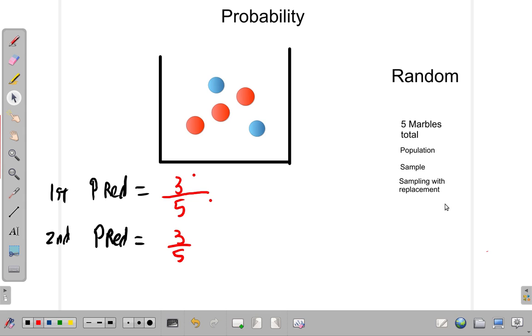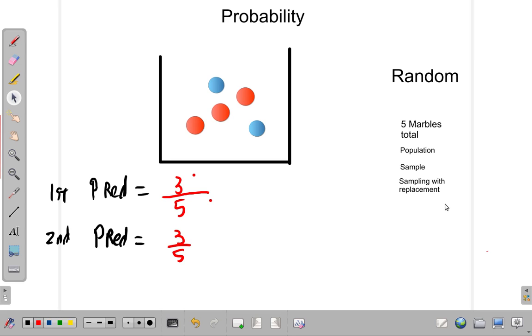So you replaced it, and notice that no matter how many times you pick, it is the same probability, because what happens is that you're picking with the same number of marbles always. So it's like picking the first time. So that's sampling with replacement. Right?